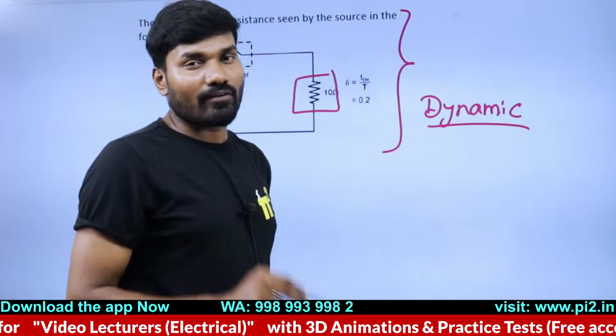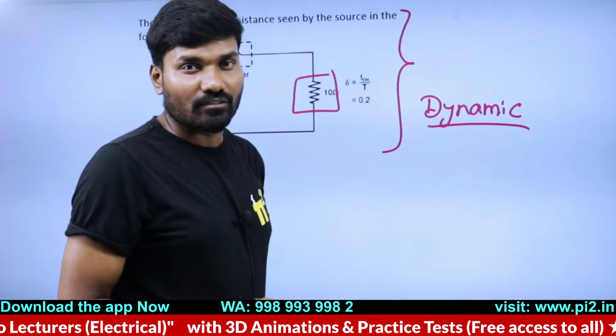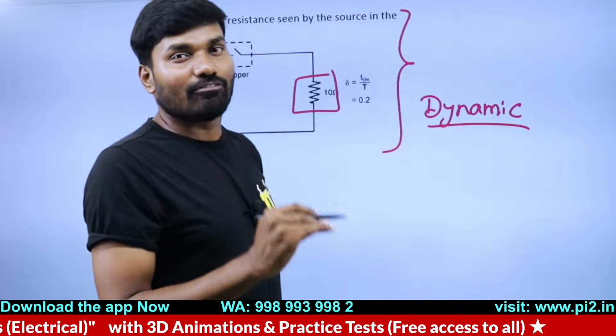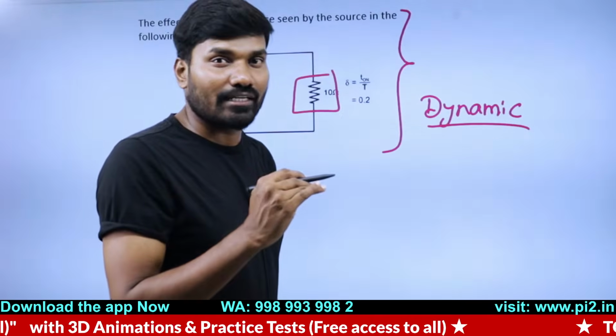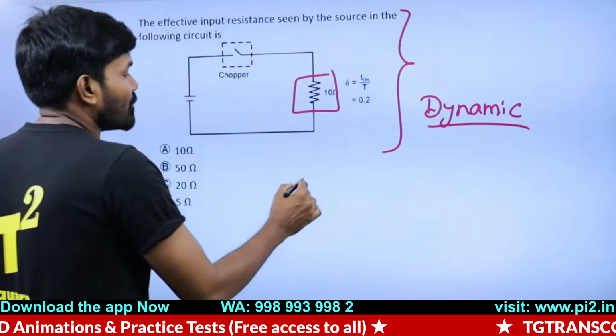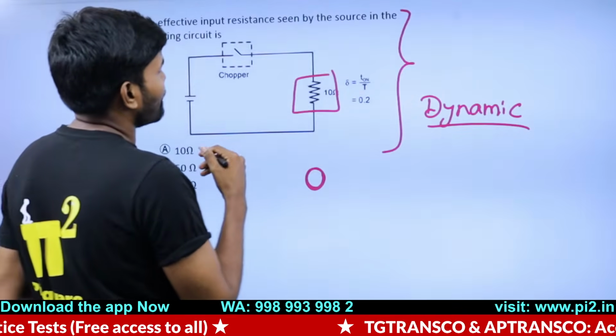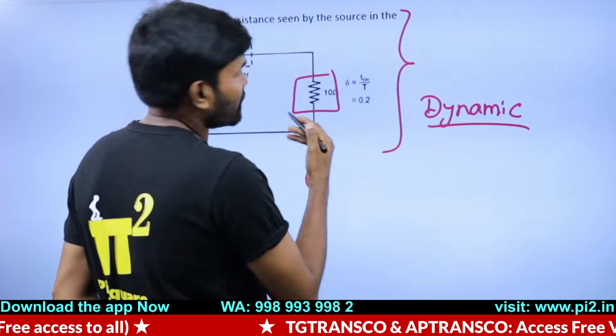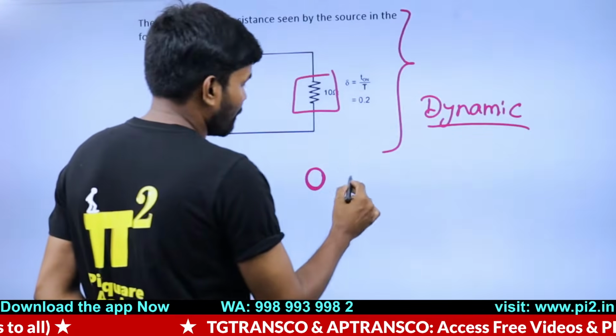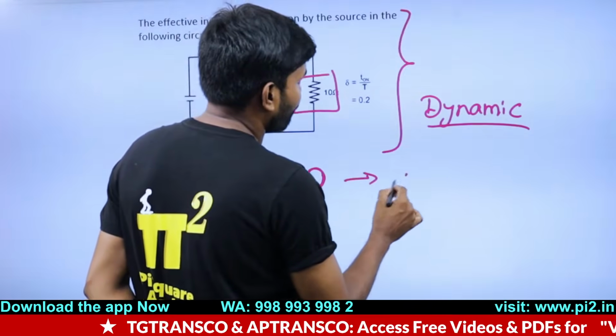But if we use power electronics, you can effectively get any range of resistance. In general, yes, you can get any value of resistance from 0 to infinity.